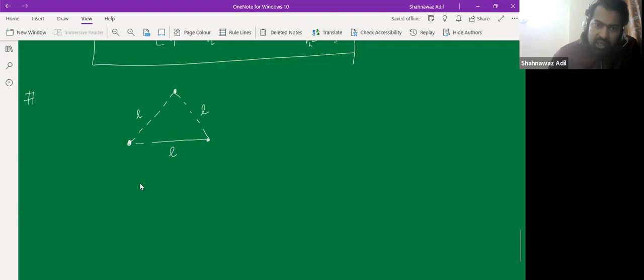Let's say A, B, and C charges are here, and you want to calculate the force on B. That would be the force due to A and the force due to C. We can also write it as F_BA and F_BC.